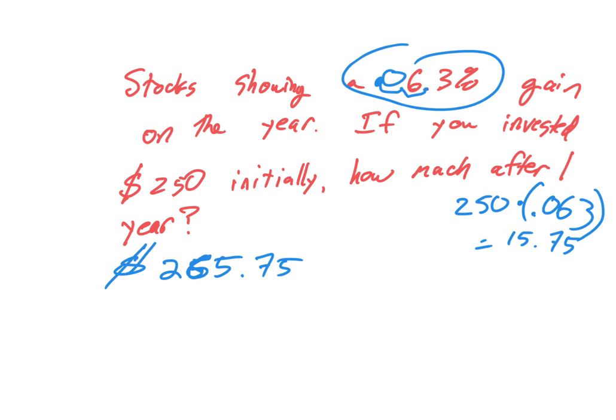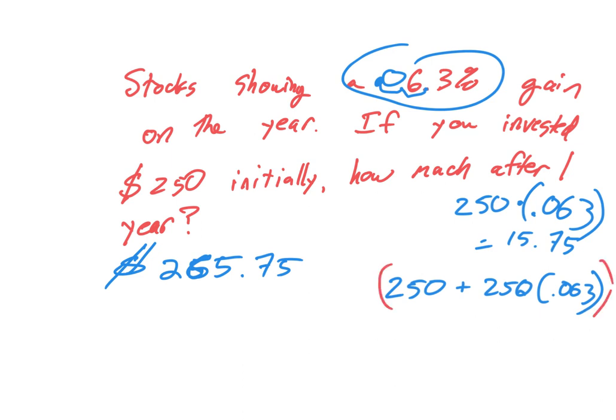Another way to do this problem that would be slightly faster is to say, well, if I have $250 and then I'm adding 250 times 0.063, what I'm going to do now is kind of jump ahead to some things that we're going to learn later, but you learned probably in the past, is both of these have something in common.